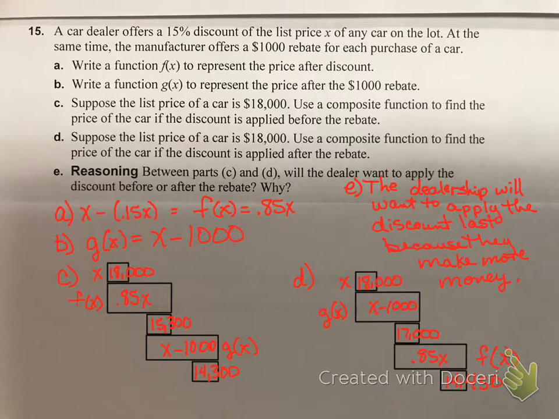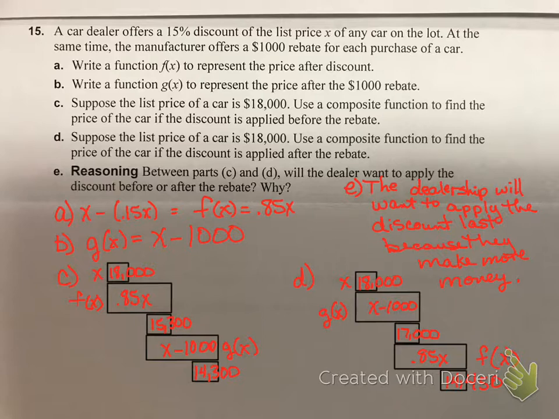I think I said that wrong a while ago. 14,300 was C. 14,450 was D. E said, which one will the dealer want to apply first? The dealer wants to apply the rebate first because he makes more money. In fact, he made $150 more.